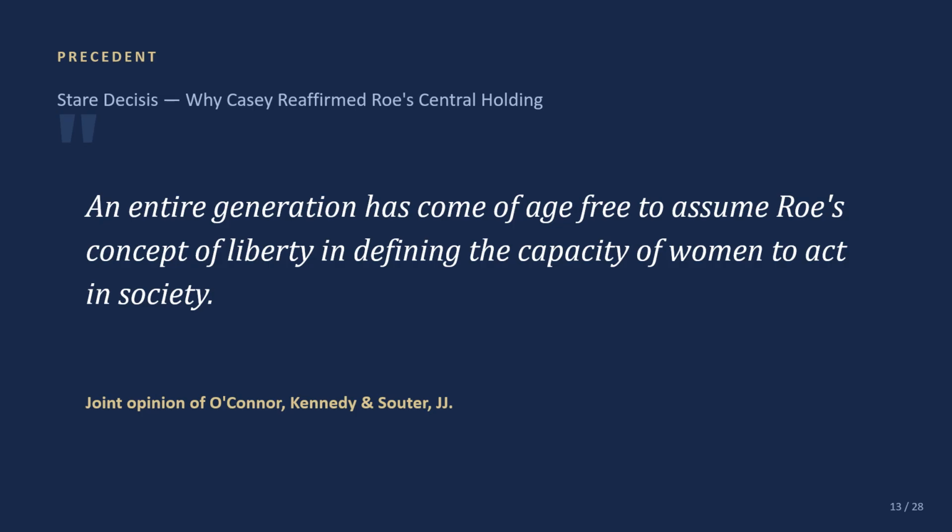Even if reasonable people could disagree about whether Roe was correctly decided as an original matter, an entire generation of Americans had structured their lives, their expectations, and their social and economic participation around the assumption that this right existed. Overruling it nearly 2 decades later, the joint opinion argued, would inflict a distinct kind of harm, disrupting settled reliance above and beyond any disagreement about the original correctness of the decision.